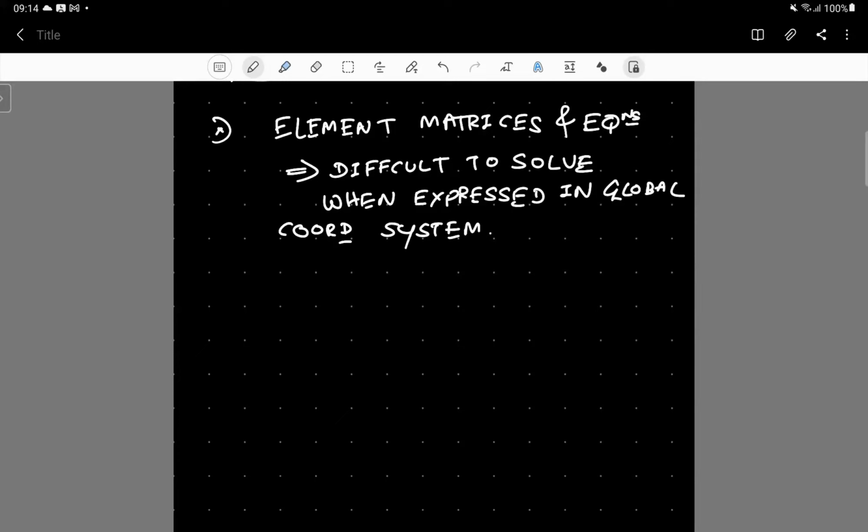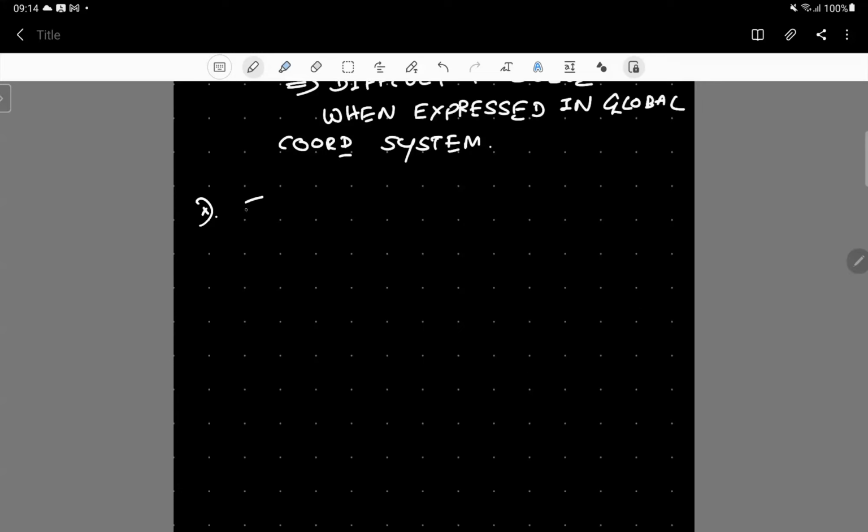And these problems in 2 and 3 dimensional stress analysis, mostly non-structural problems, can be tackled with this type of formulation.